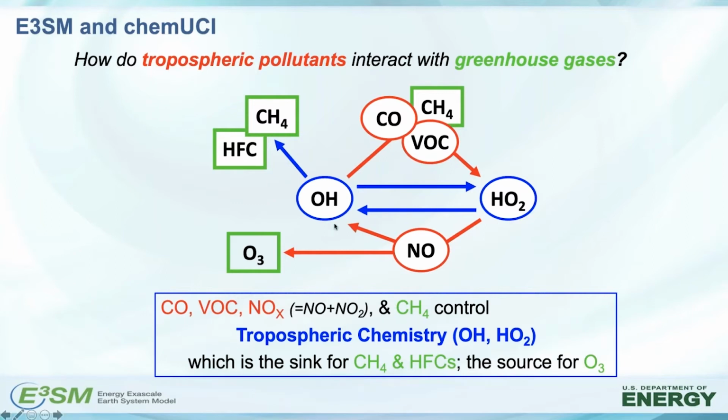The blue box is the radicals driving the tropospheric chemistry on a timescale of a few seconds. The green boxes are the direct greenhouse gases, whereas the red box are the indirect greenhouse gases. Those pollutants can affect other greenhouse gases through tropospheric chemistry.